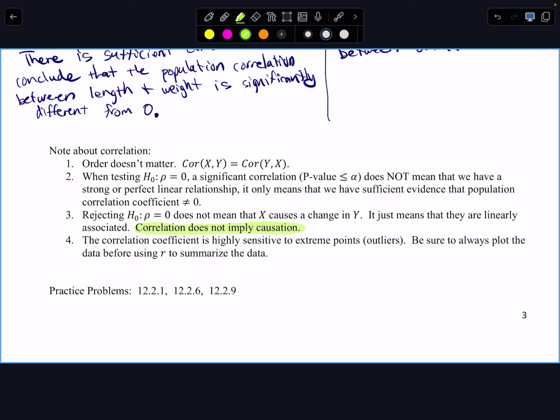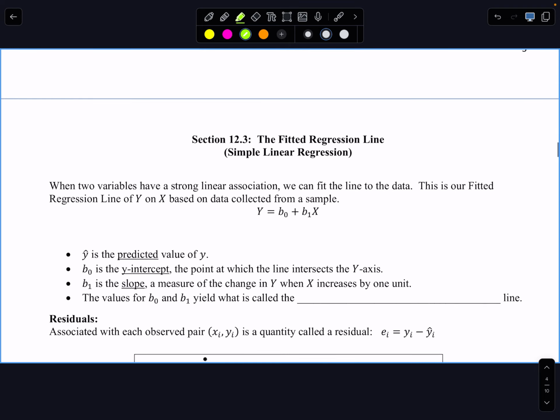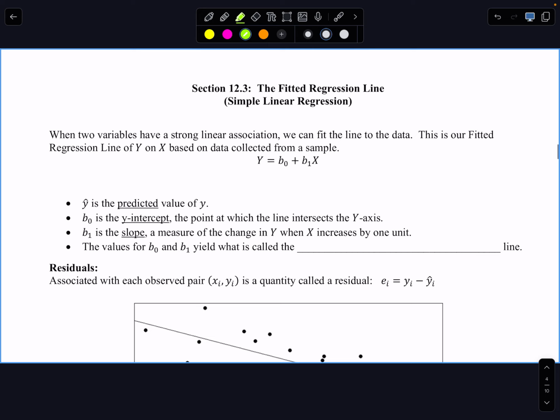All right. So remember I said in this chapter, we're going to talk about correlation and regression, right? Regression is what we really want to get to. So the rest of the chapter is about linear regression. So whenever we know that we have a strong linear relationship, we're going to want to create the line of best fit. And by creating that line of best fit, we can use that line to make predictions in the future based off of the single data set.